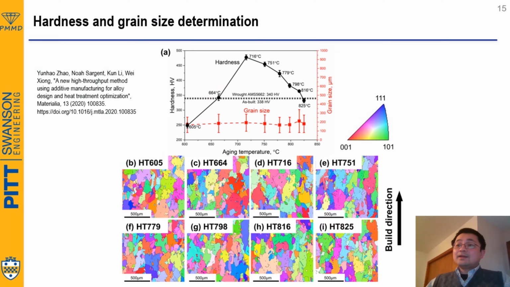Ideally, if you are dealing with a new type of material, you don't know anything, then probably this method will be very helpful. After you do a heat treatment, you can actually do the aging process at this temperature, and further build a long bar shape with a tensile bar and test to verify this high throughput study.